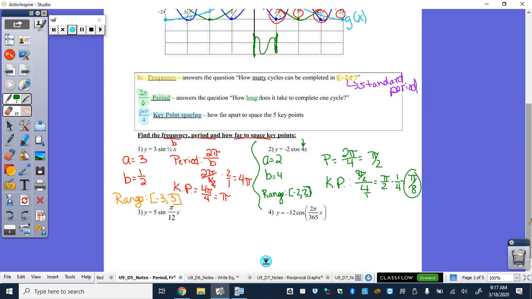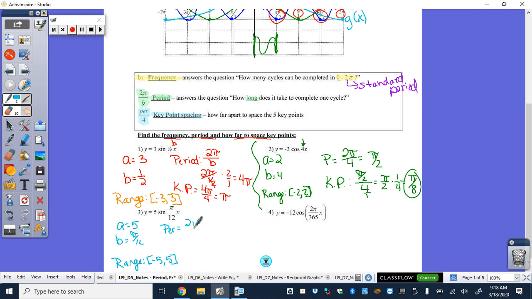All right, taking a look at number 3 here. Amplitude 5. Frequency would be pi over 12, because that's what's in front of your x this time. Range, -5 to +5.